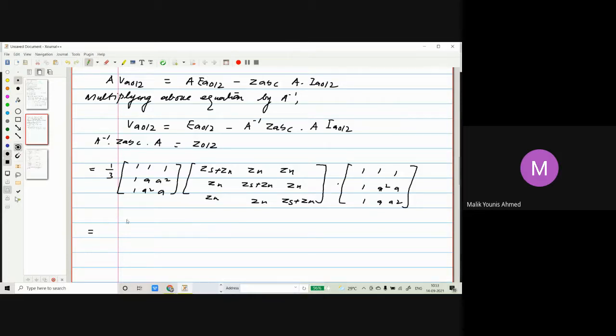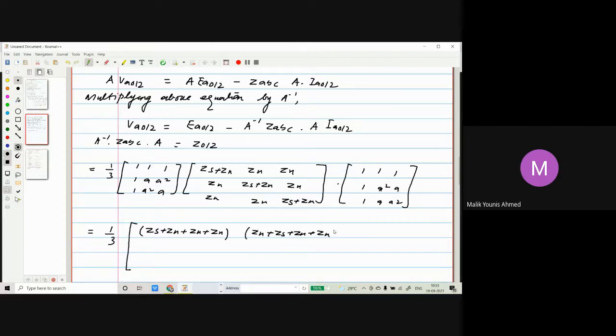If we solve this, I can show you one of the rows, and the rest you can calculate. This will be 1 by 3, then one row multiplied by this column, which will be Zs plus Zn plus Zn plus Zn. Second will be Zn plus Zs plus Zn plus Zn.